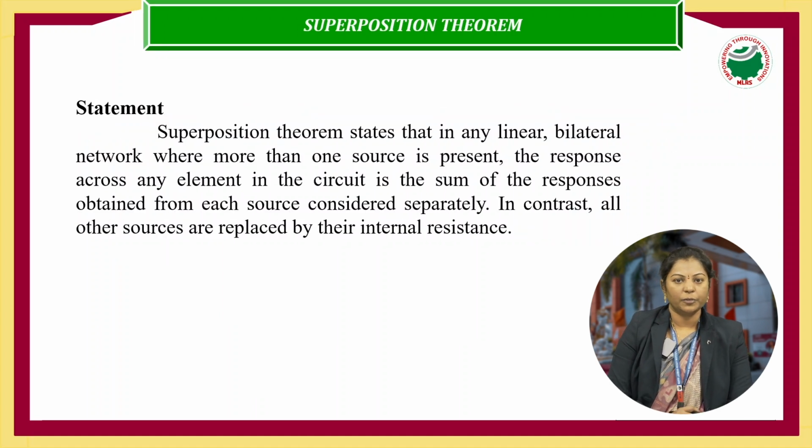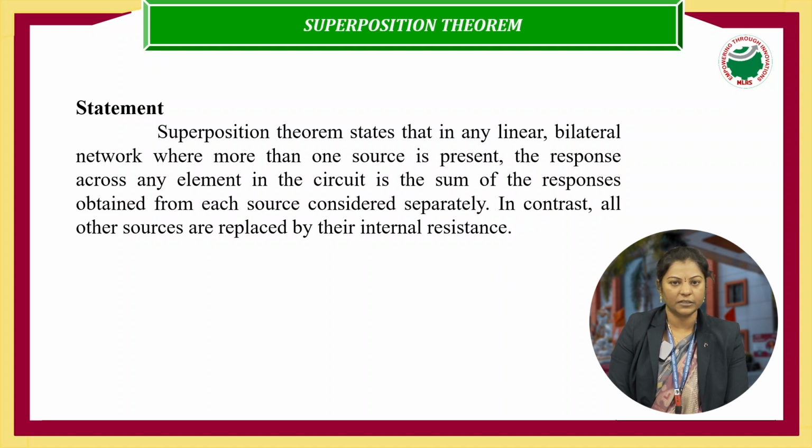Coming to the superposition theorem statement: in any linear bilateral network where more than one source is present, the response across any element in the circuit is the sum of the responses obtained from each source considered separately, while all other sources are replaced by their internal resistances.